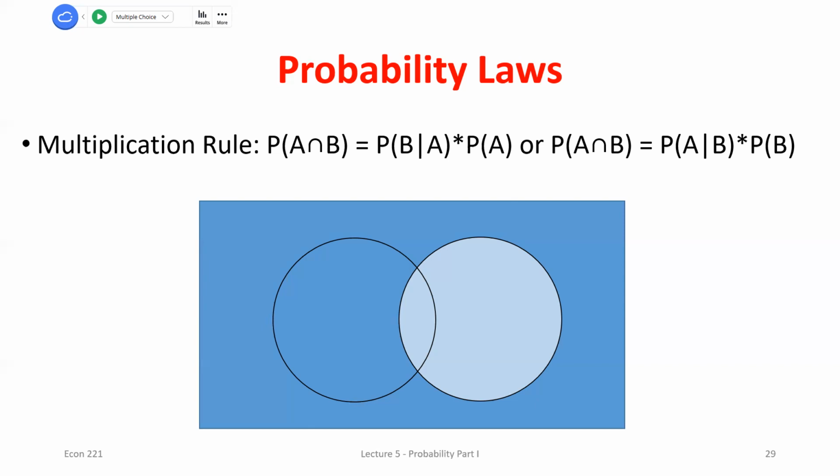So now my denominator is no longer 1, it's just half of that, 0.5. Given that A has occurred, of that space of 0.5, how much of it is in event B?